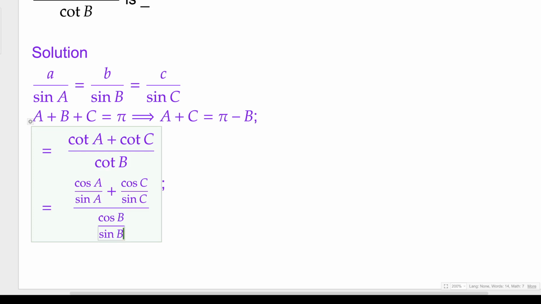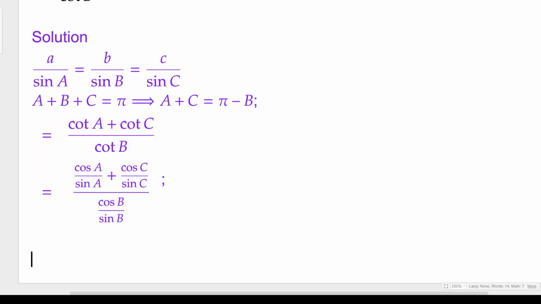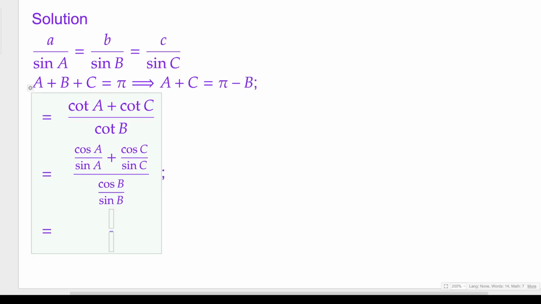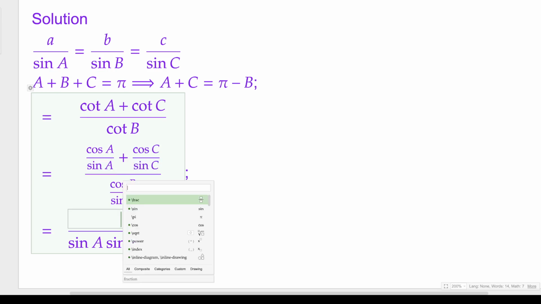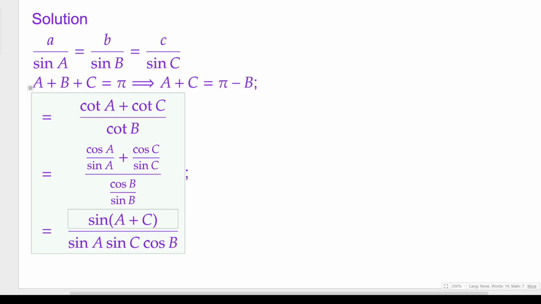Now after resolving this expression, we can write this as: in the denominator we'll have sine of A, sine of C, and then cosine of B. And in the numerator, this will be cosine of A times sine C plus sine of A times cosine C, and that can be compressed as sine of A plus C. Sine of A plus C can be expanded as cos A times sine C plus sine A times cos C. Here sine B will be multiplied over here.